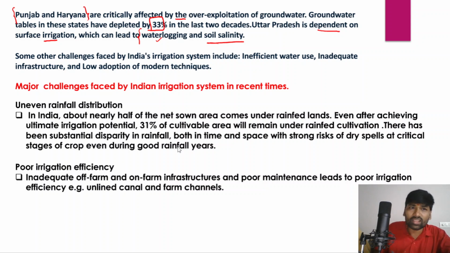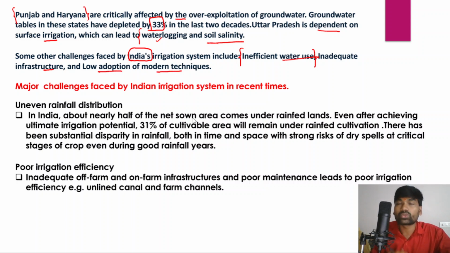However, there are some other challenges faced by India's irrigation system. They include inefficient water usage, inadequate infrastructure, and low adoption of modern techniques. These are all the problems that the Indian agriculture sector has been facing, but you can briefly discuss them, and in the first part of the answer you can write the major challenges that the Indian irrigation system has been facing.